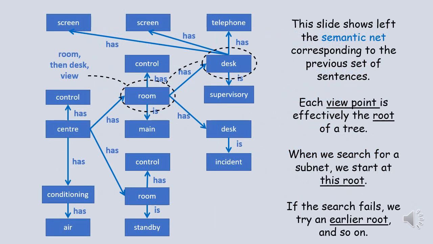This slide shows left the semantic net, corresponding to the previous set of sentences. Each viewpoint is effectively the root of a tree. When we search for a subnet, we start at this root. If the search fails, we try an earlier root, and so on.